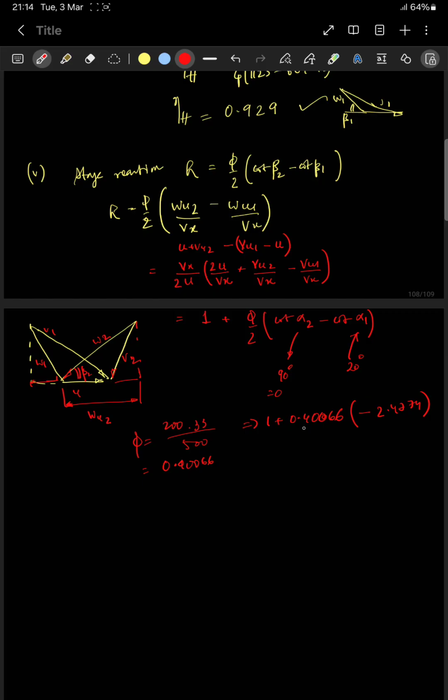So this divided by 2. So R is 0.449. Okay, this is the answer.